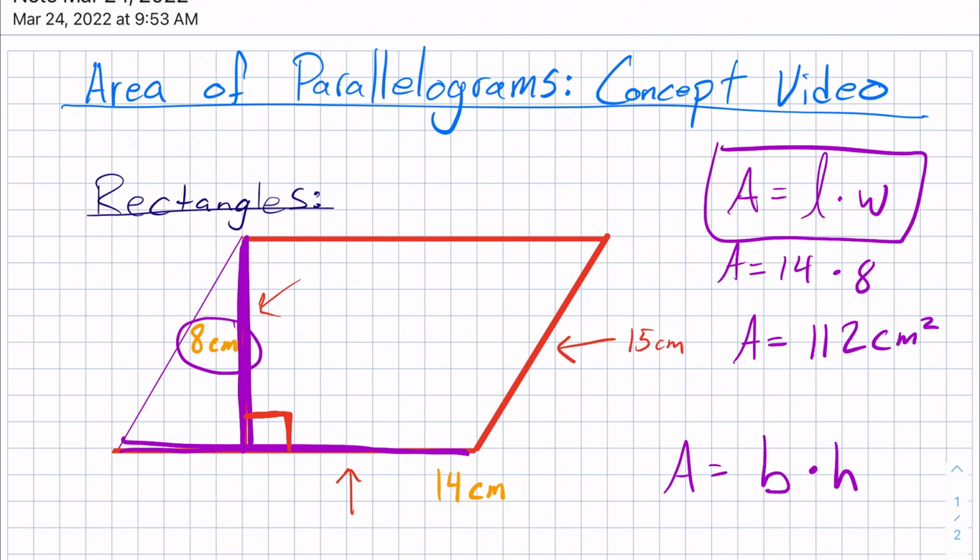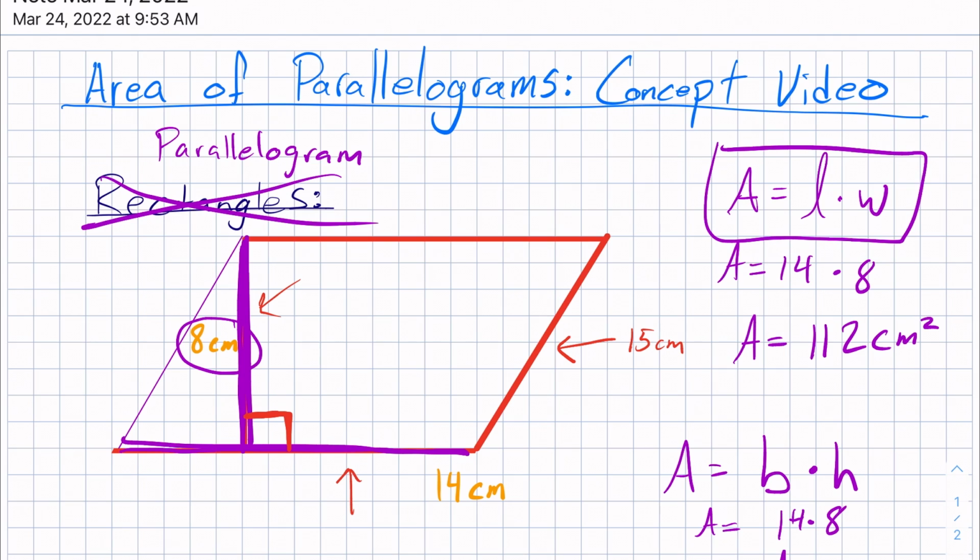So for this parallelogram, which I have transformed, so now it's no longer a rectangle, I have the same dimensions, so my area is going to be 14 times 8, which would result in the same area, 112 centimeters squared. So this is my formula for area of a parallelogram that I can use for any parallelogram, keeping in mind that a parallelogram is basically just a rearranged rectangle.